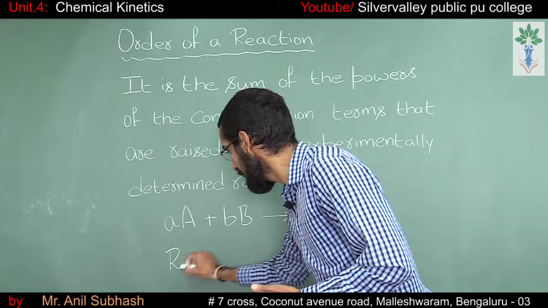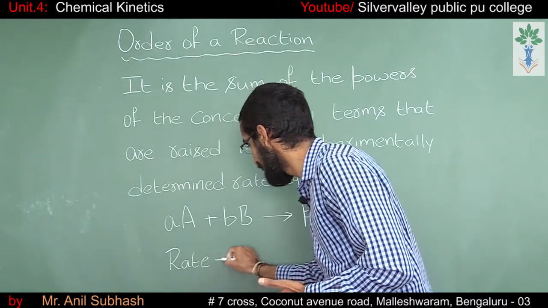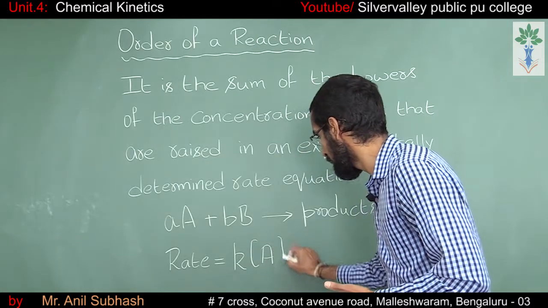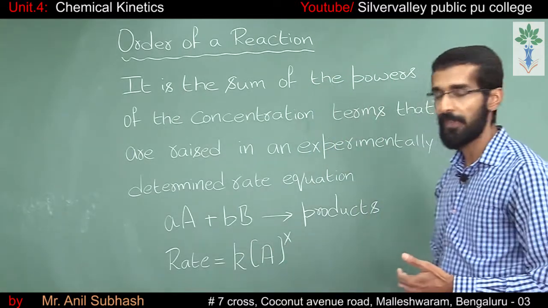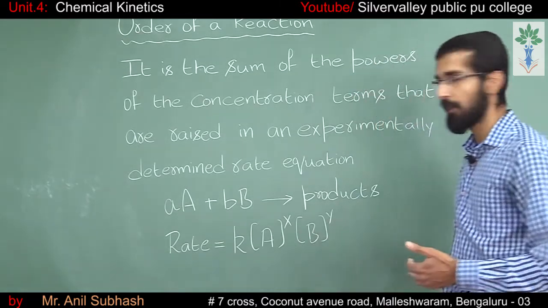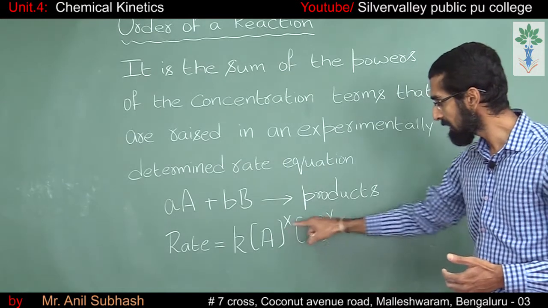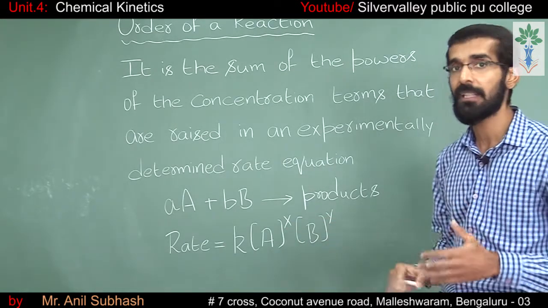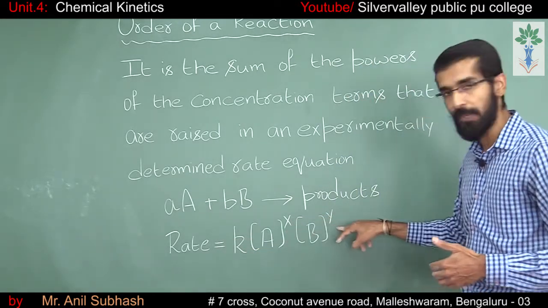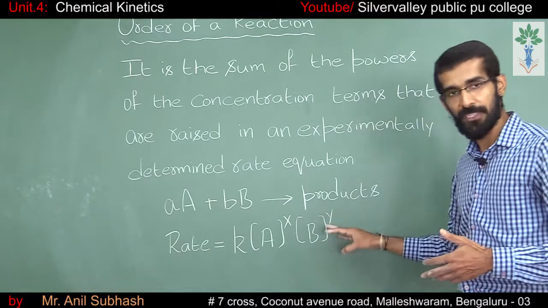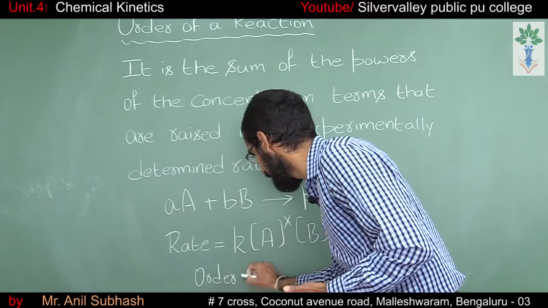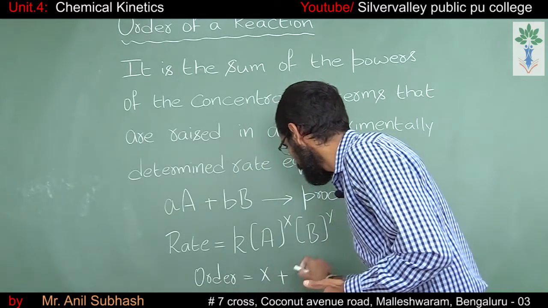Let the rate law be: rate is equal to rate constant into concentration of reactant A raised to the power of x into concentration of B raised to the power of y, where x and y are experimentally determined exponents. Now, if I take the sum of the powers, you get the order of this reaction. In this case, the order of the reaction will be equal to x plus y.